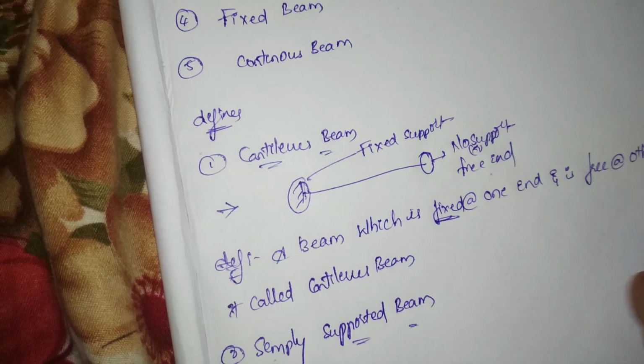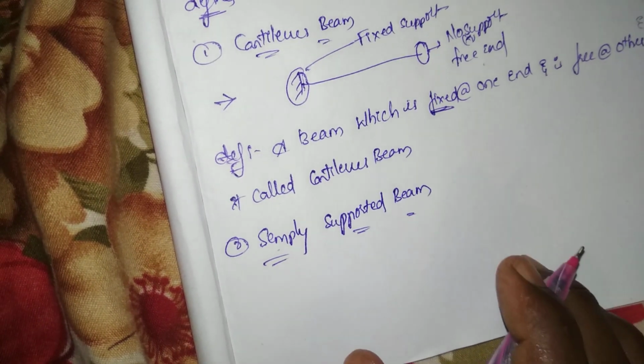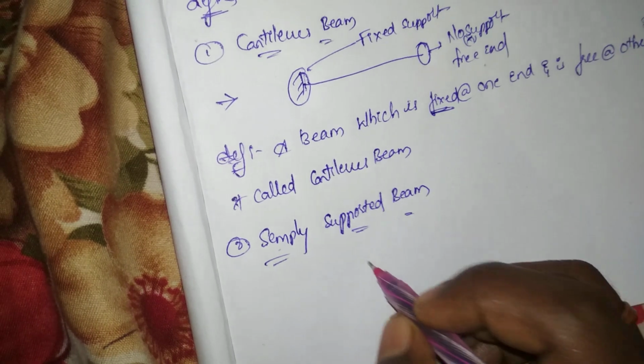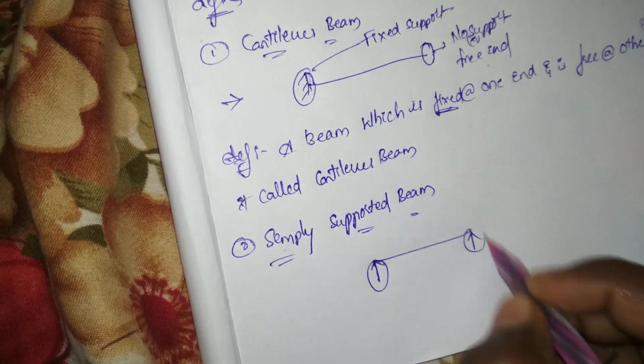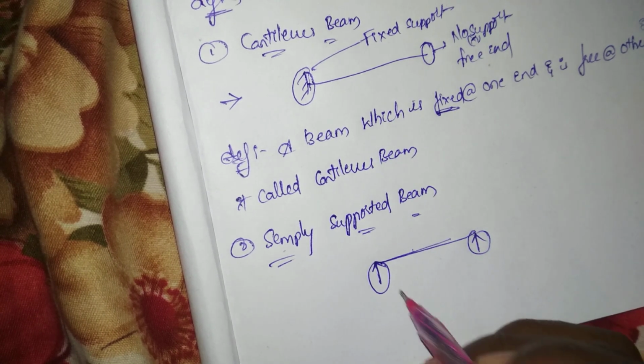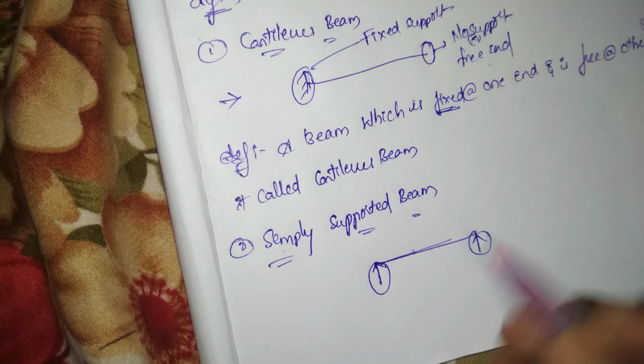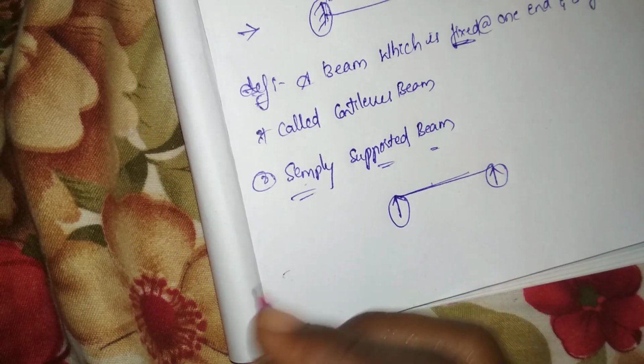A beam resting on two simple supports is called simply supported, like this. These are two simple supports. The beam is resting on these two simple supports, so it is called a simply supported beam.